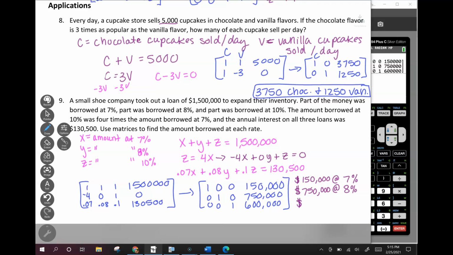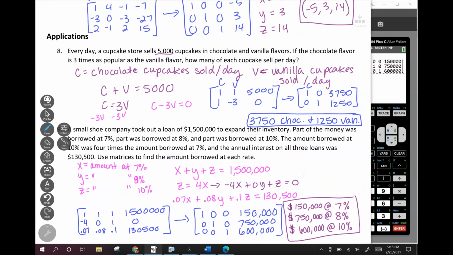And then they borrowed 600,000 at, Z was my 10% loan, so 10%. And that's your answer. All right, that's it for 7.6.